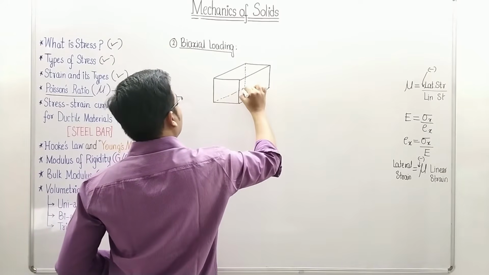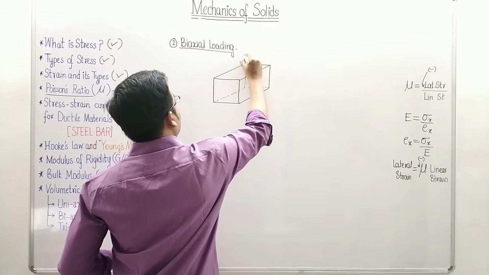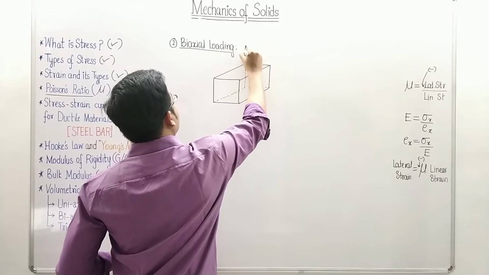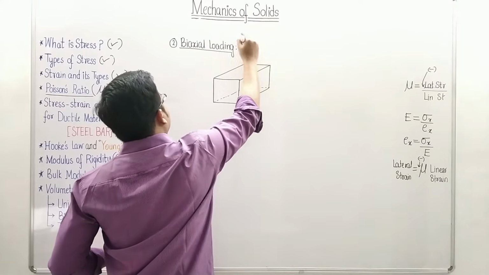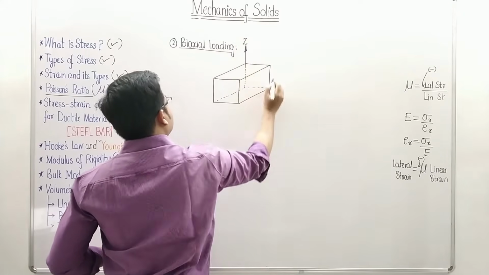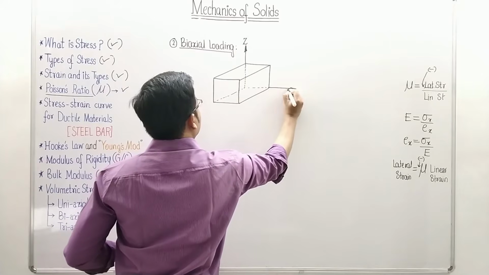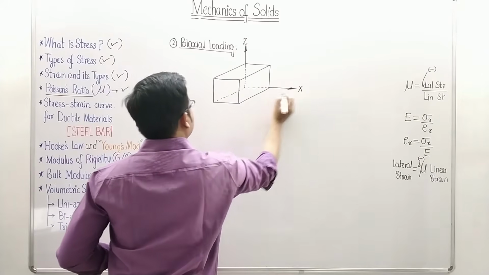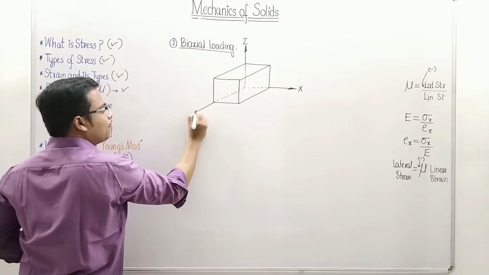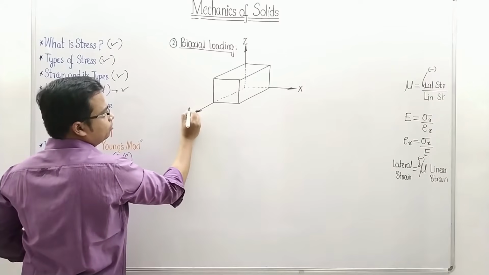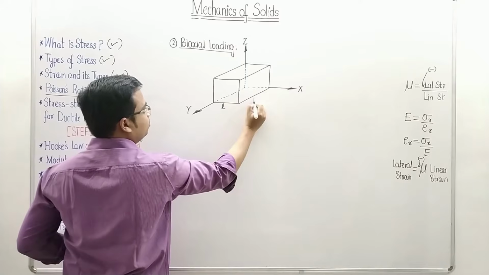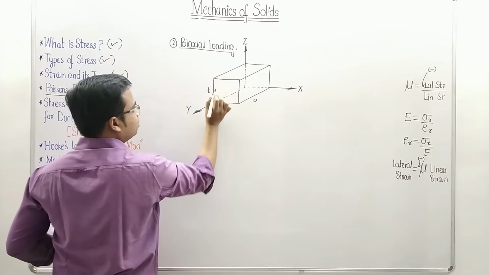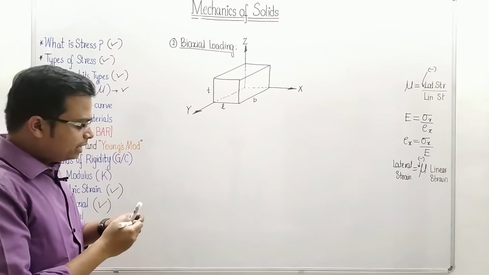We initially did this with the z axis. This is the x axis, and this right here is your y axis. This is length and this is breadth. Let's say this is thickness t. We really don't need that.